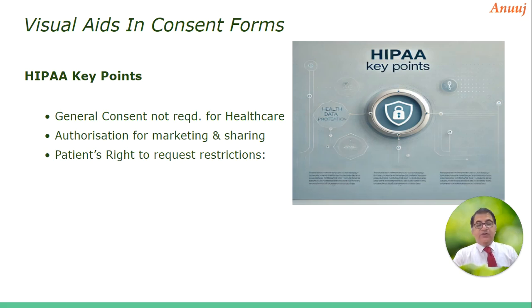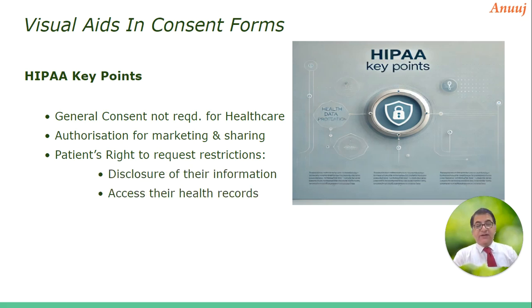Patients have the right to request restrictions on use of their information in two cases. One, they do not want to disclose their health information, and second, they don't want any unauthorized person to access their health records. So a patient can exercise the right to restrict usage of his information for disclosures and for accessing his health records.